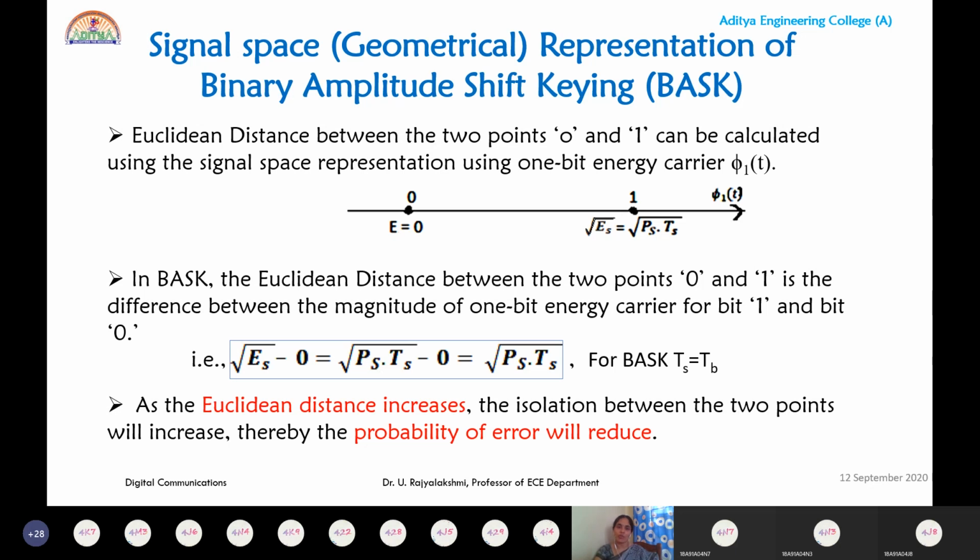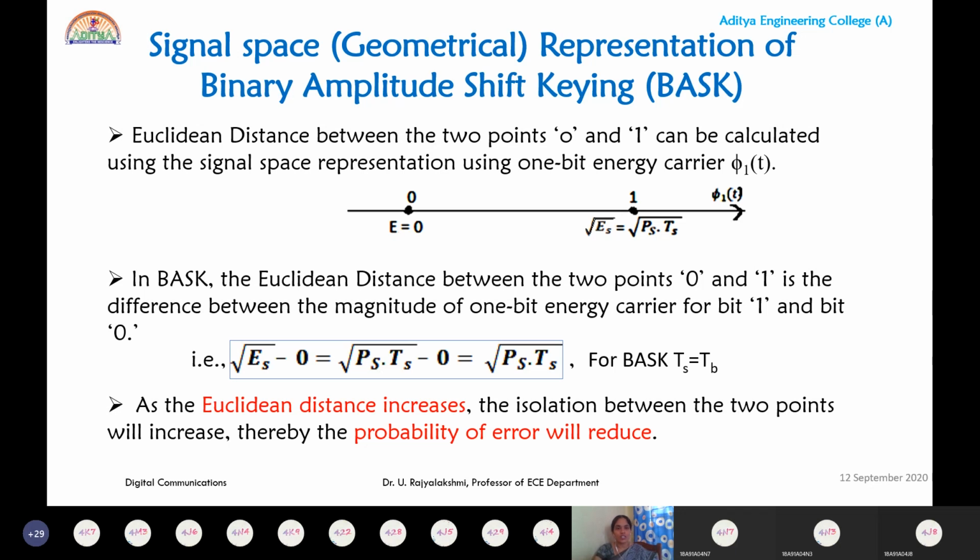Okay, for example, if you have more energy carriers, if it is 2, those 2 are perpendicular to each other. If it is 3, the 3 are perpendicular to each other. Like that, you will get XYZ axis. And for n bits transmitted per symbol, all the energy carriers are perpendicular to each other.